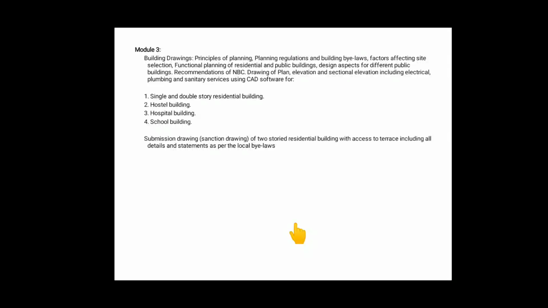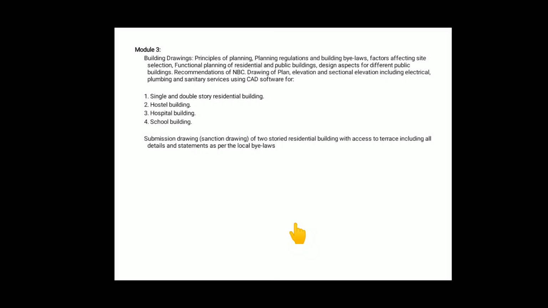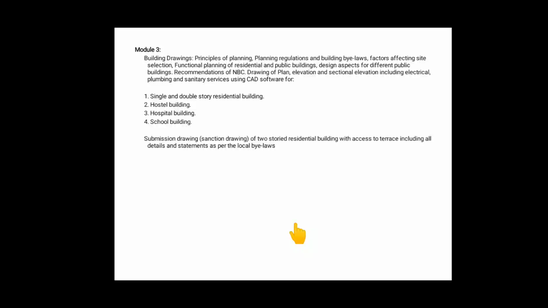Once you know how to draw the different structural or basic building elements using AutoCAD, then you can draw a complete building plan of a residential building, whether it is a single story or a double story.